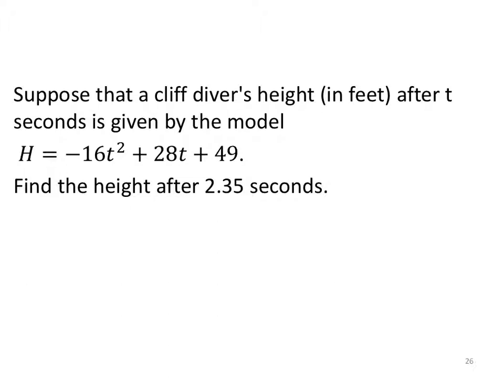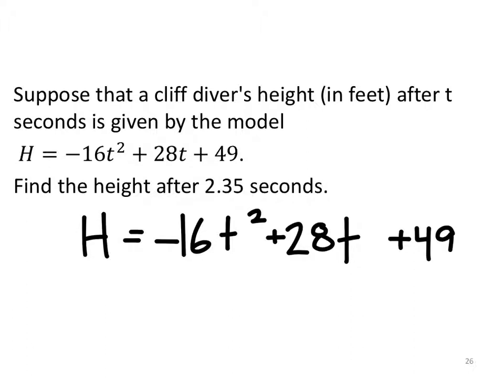Suppose that a cliff diver's height in feet after t seconds is given by this model. Find the height after 2.35 seconds. All right. Let's look at the formula they gave us. T represents the time in seconds, which it says up here, and we know how many seconds we want to figure out the height for, and that's 2.35.